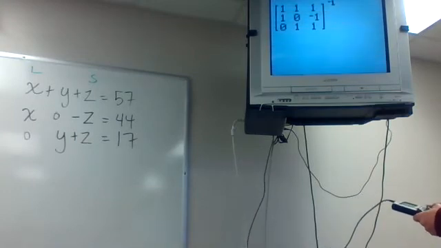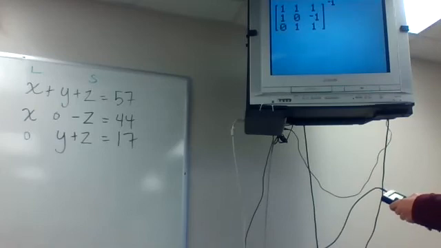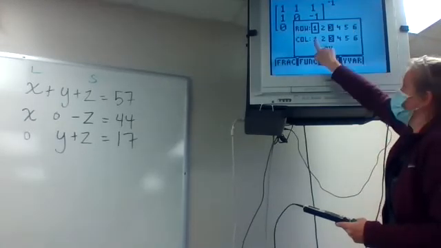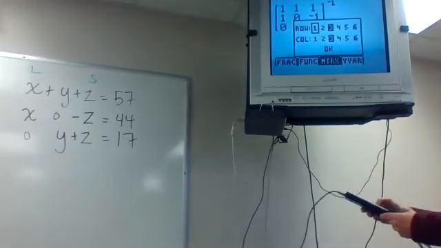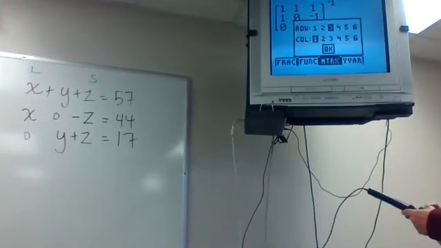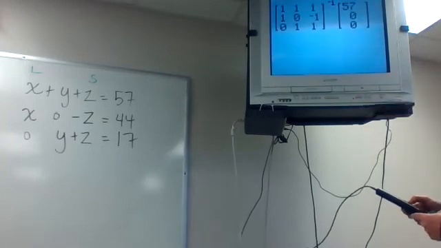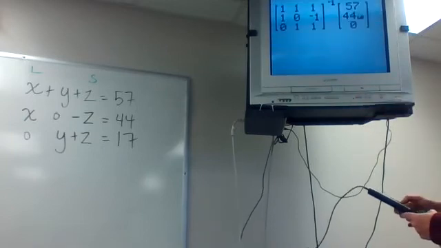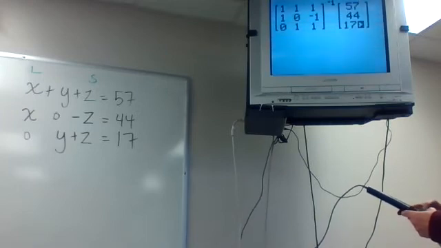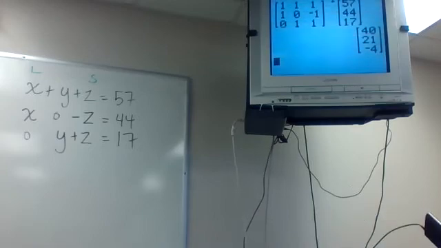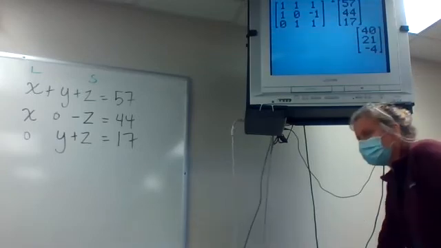So X to the -1, and then alpha zoom again. Turn it to 3 by 1. Okay. And then enter your answer side. So 57, 44, 17. Enter. So there's your X, Y, and Z.